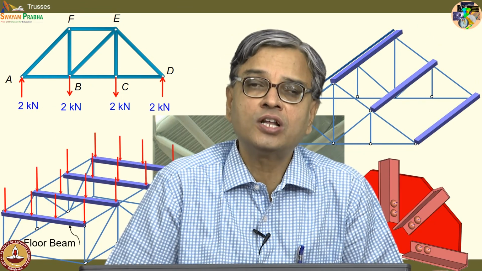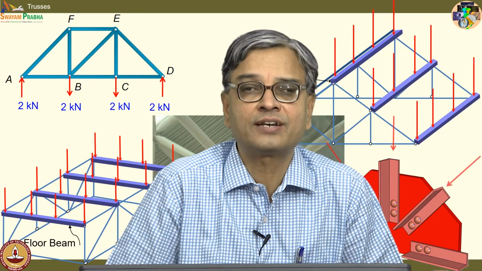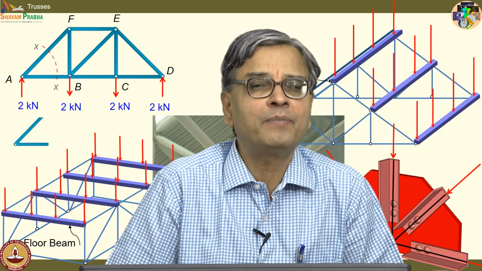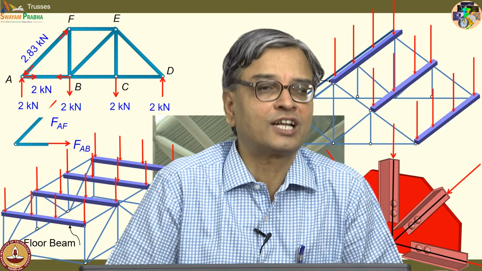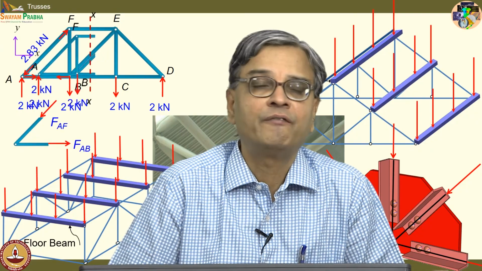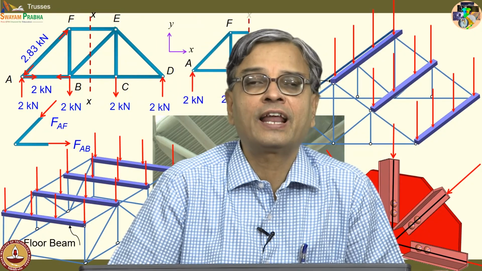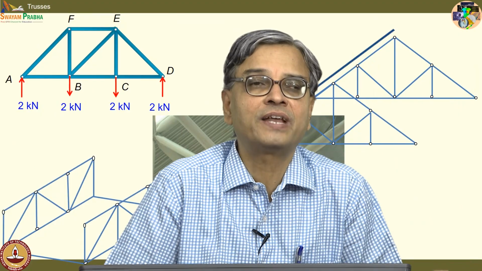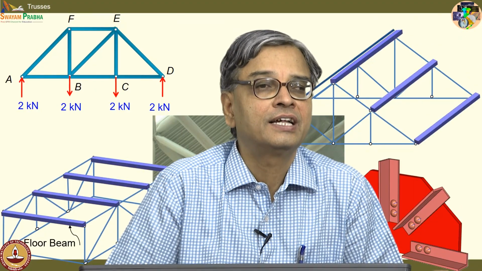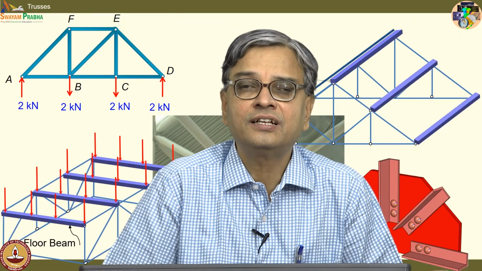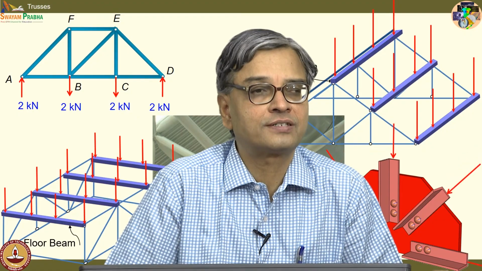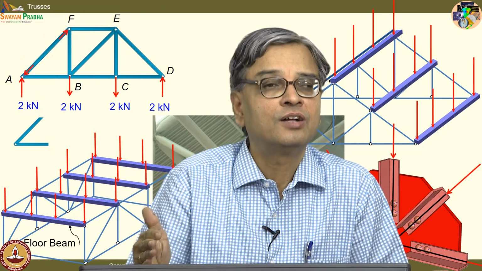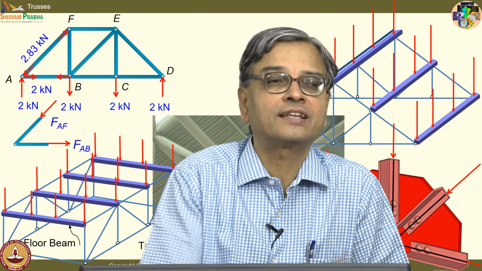We also saw the cross bracings used in several practical structures, and the cross bracings are of much smaller cross section than the actual members forming the truss. We have also seen a demonstration where I used just a string to show how the cross bracing helps in arresting the effect of wind forces. Wind forces keep changing direction, that is why you have bracing on both the diagonals. Thank you.